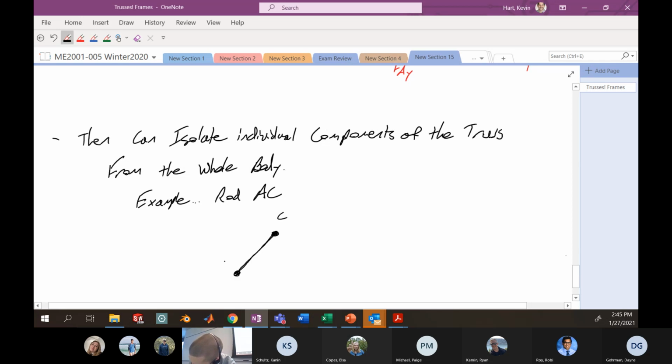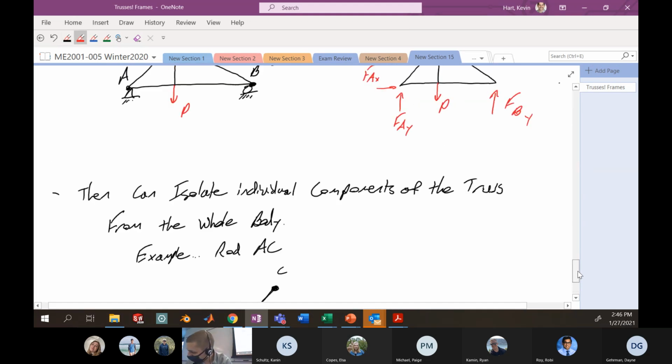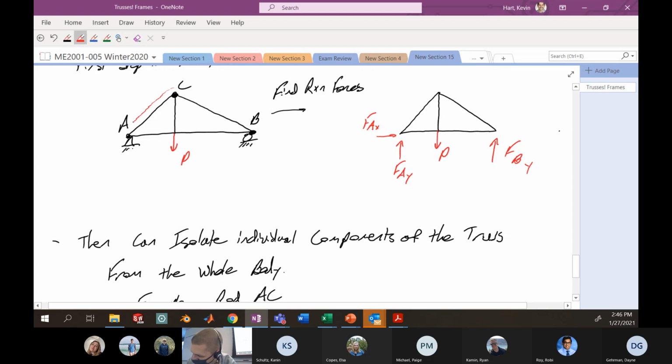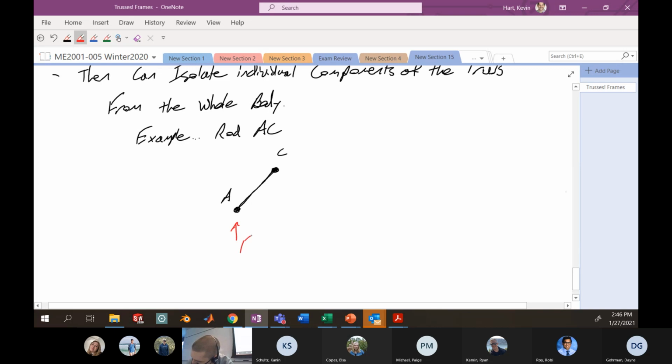Here's point C. Here's point A. You could isolate this individual rod from the rest of the structure by isolating it from its surroundings, like so. When I'm doing that, I'm cutting through this member, cutting through this member, cutting through this member. So I have to account for the forces in each one of those individual members that result when I isolate rod AC, as well as the reactions that would occur at A. So when I think about isolating rod AC, I still have those reaction forces here that are now at A.